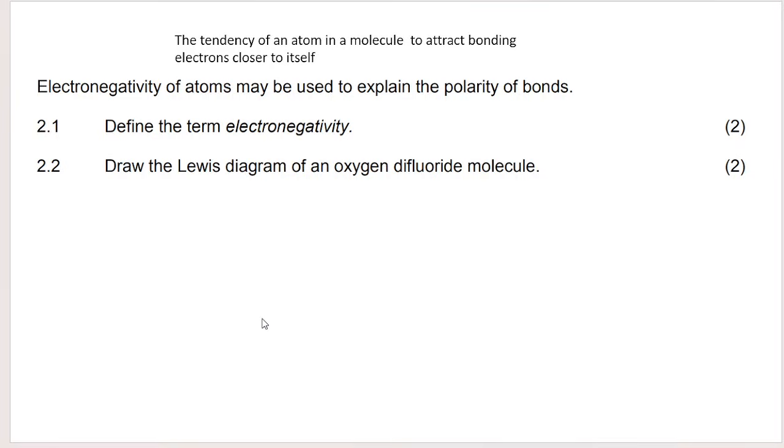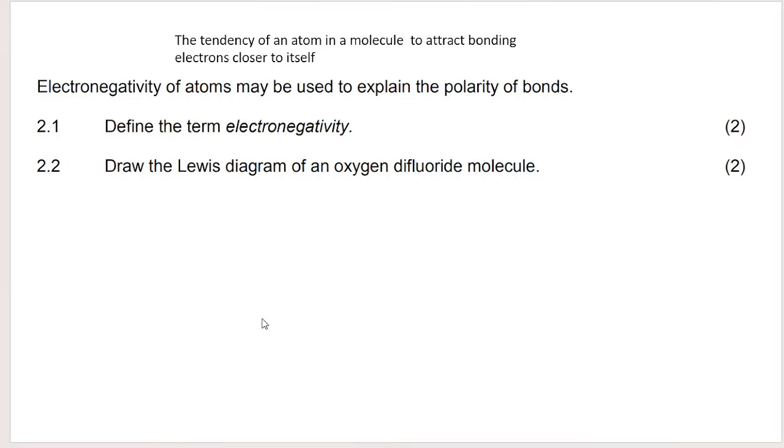That means that within a covalently bonded molecule, the atoms that have a greater electronegativity, that side of the molecule will be more negative. I hope that makes sense. Unless there's an asymmetrical charge distribution, and therefore the charge balances itself out. Then we have a non-polar molecule.